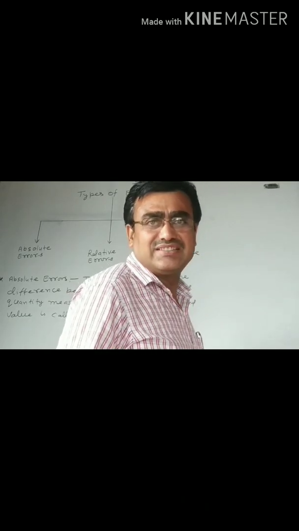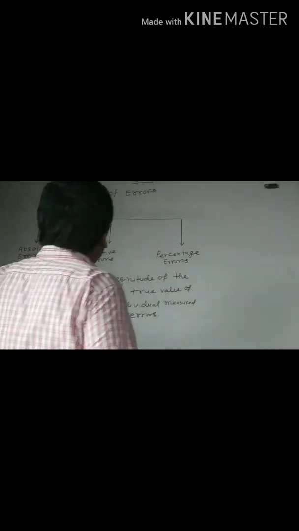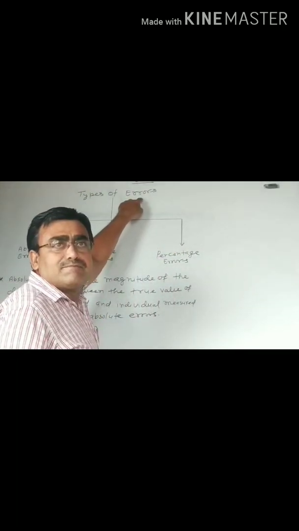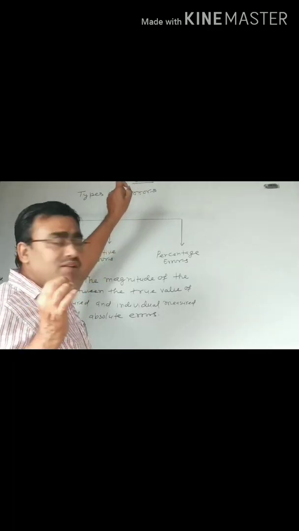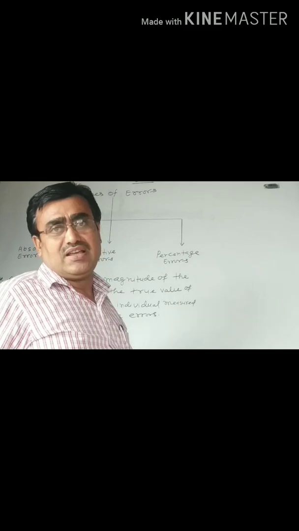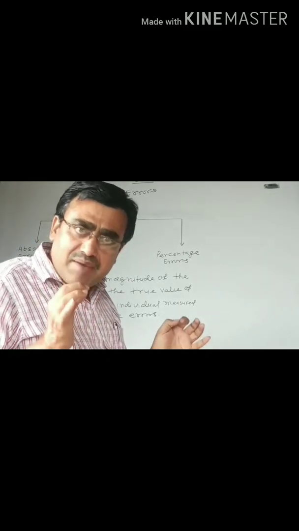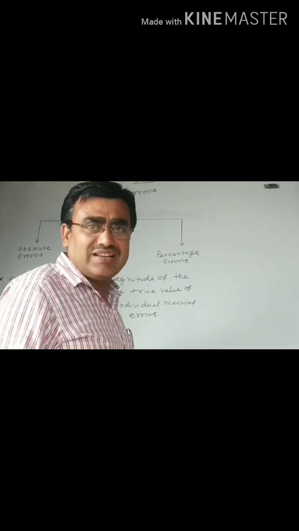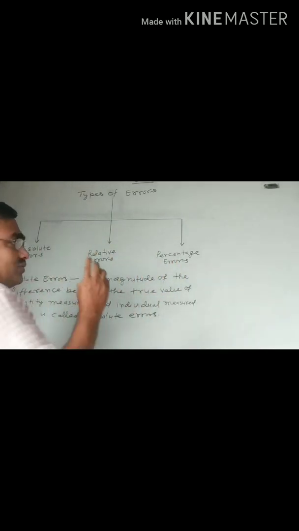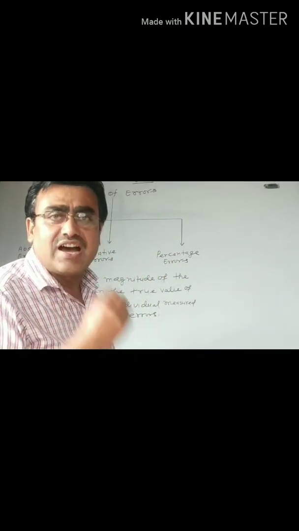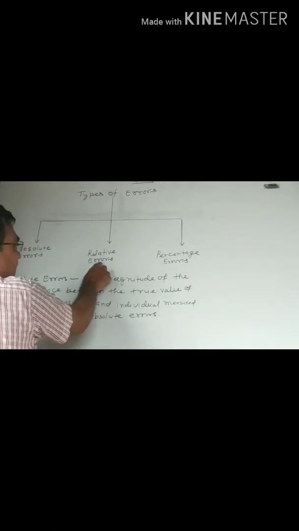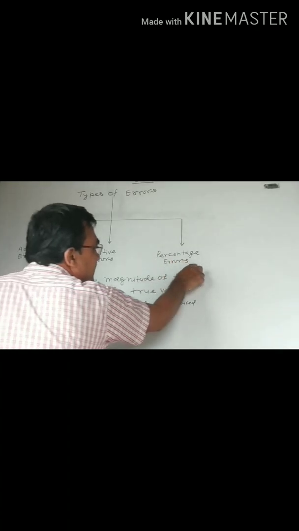Look here. Types of errors. This classification of errors is based on mathematical approaches. In this case, error has three types: absolute error, relative error, and percentage error.